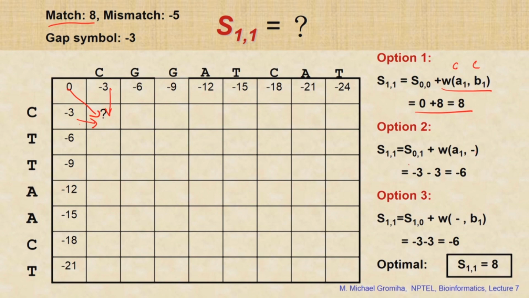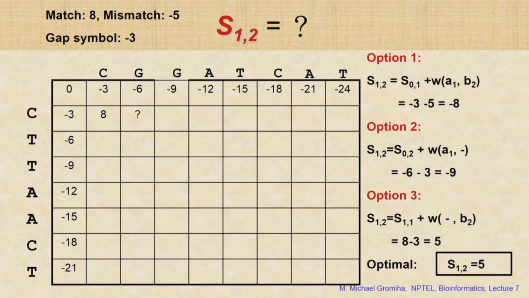If you do this, this is minus 3 relative, so put another minus 3, so this will be minus 6. In option 3 we go to this 1 comma 0, with the gap in the first term and the B1. If you see this one, this gap is minus 3, so again this will be minus 6. Now, compare these 3: one is 8, one is minus 6, one is minus 6. Which one is the maximum? 8. So, we put the maximum value of 8 here.